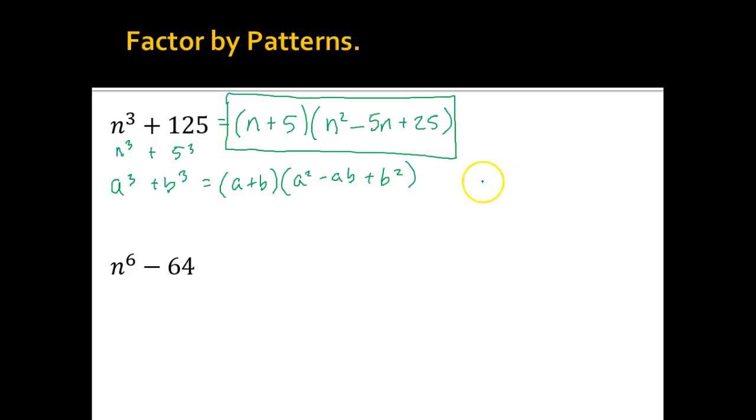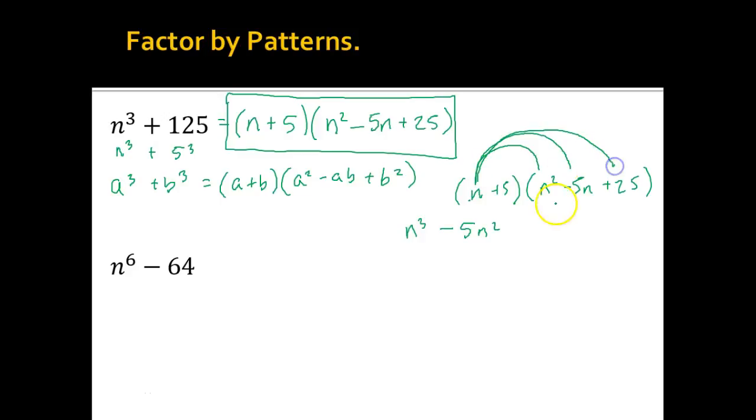Now we can check this one also. This one's a little bit more complicated, right? N plus 5 times n squared minus 5n plus 25. So this is kind of a modified FOIL method. We're going to take the n and multiply it by each term. N times n squared is n cubed. N times negative 5n is negative 5n squared.